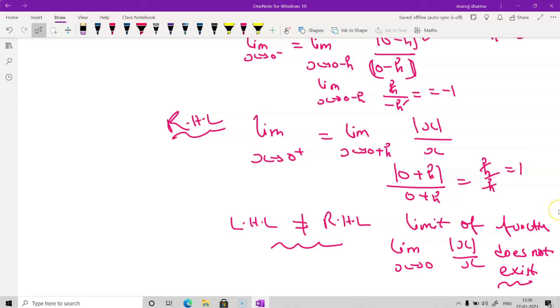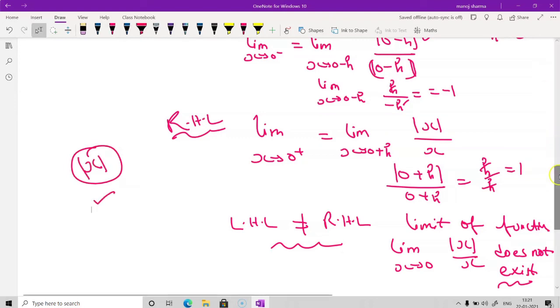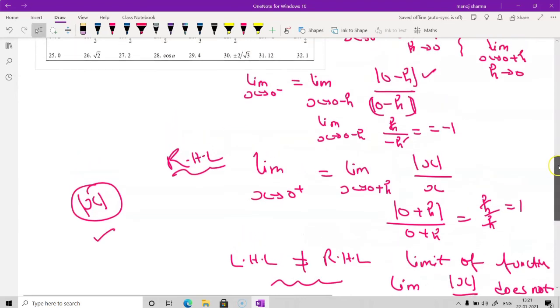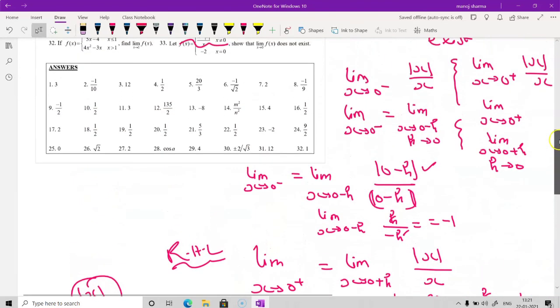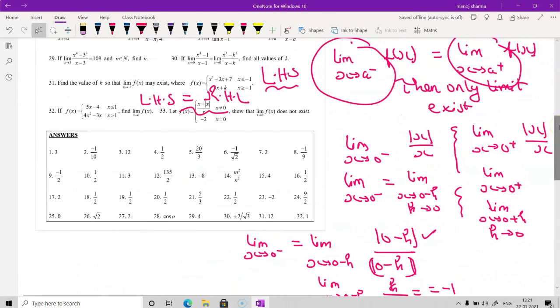This is the crux of the story, that for some examples which involve mod x, we have to use this particular common sense. Then only are we able to sort out this kind of question. I have also put these kinds of questions over here. If I can show you, just a second. I am showing it to you.